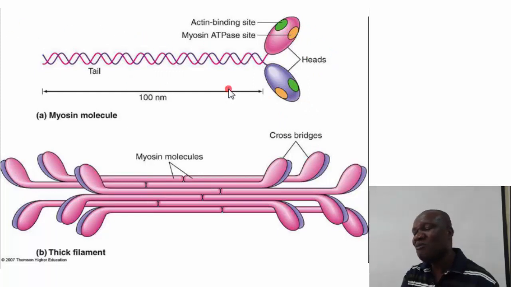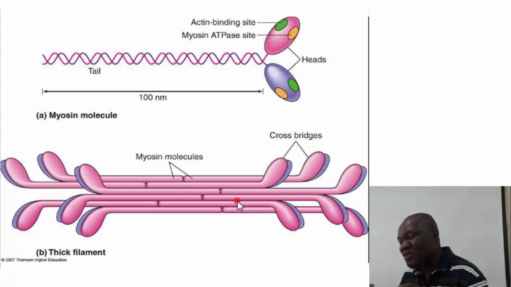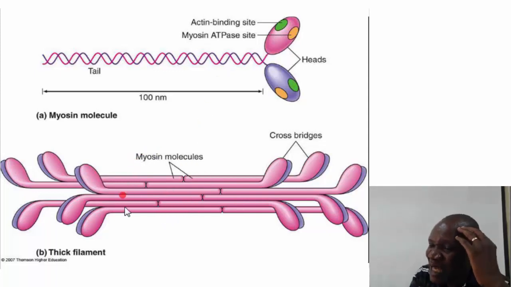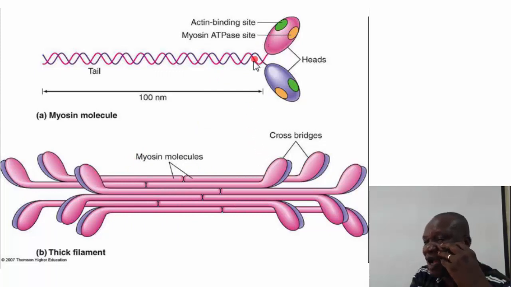The thick filament is made up of the protein myosin, which has a tail and 2 heads. All the tails come together to constitute the thick filament, and sticking out of the tail, we have the heads.